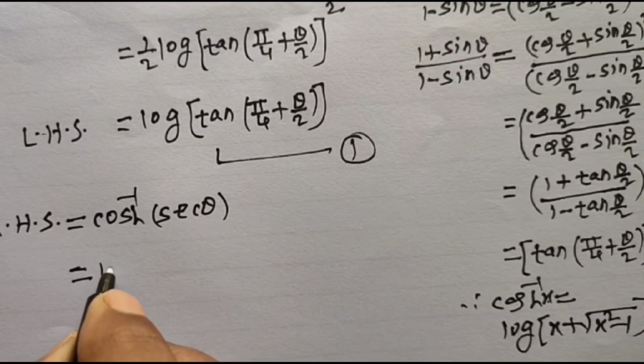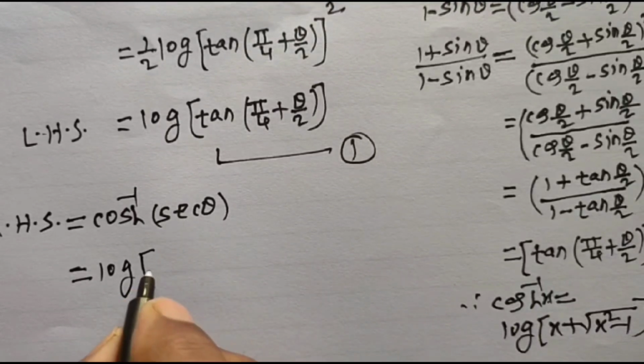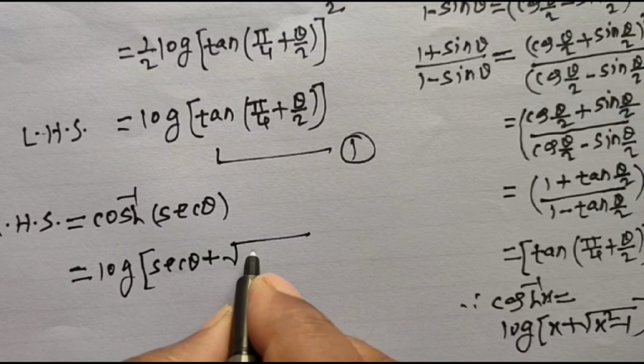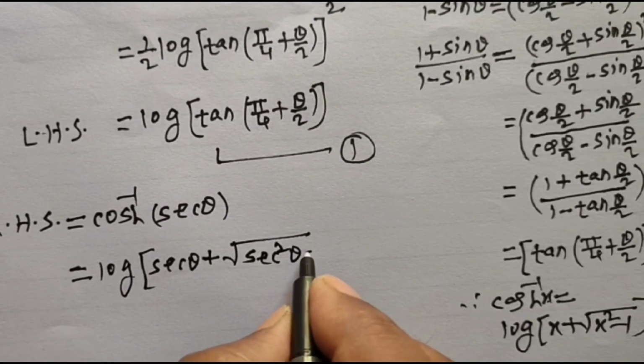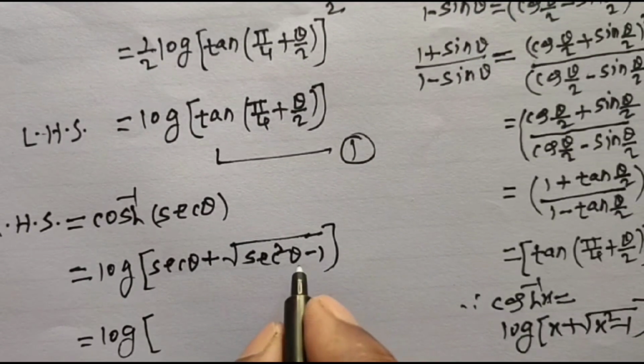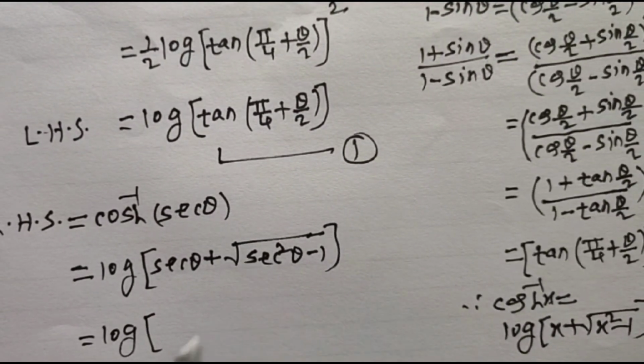So logarithm of x, which is nothing but sec theta here, sec theta plus square root of sec square theta minus 1. But sec square theta minus 1 is tan square theta and its square root is tan theta. This becomes sec theta plus tan theta.